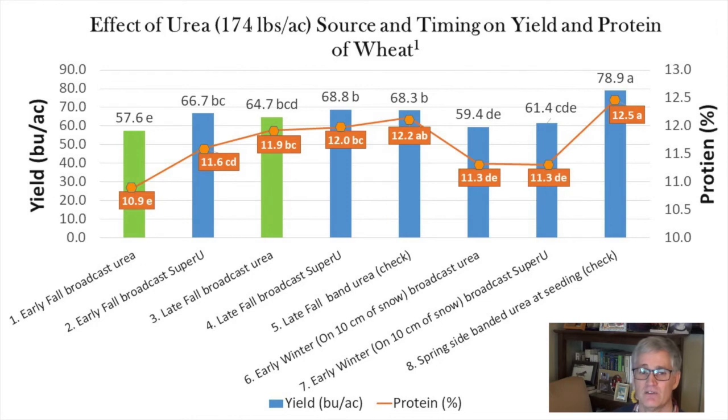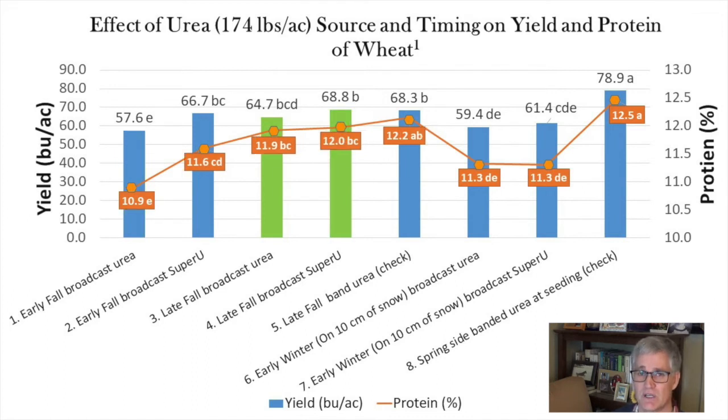If we compare the two broadcast ureas from the early fall and the late fall timing, you can see the late fall timing has given us a better result. That is the ideal time to be broadcasting your fertilizer if you have to do it. We've got more yield, more protein. And again, we improved the situation with adding Super U. But Super U did not provide as big of a difference at this stage as it did at the early fall timing.